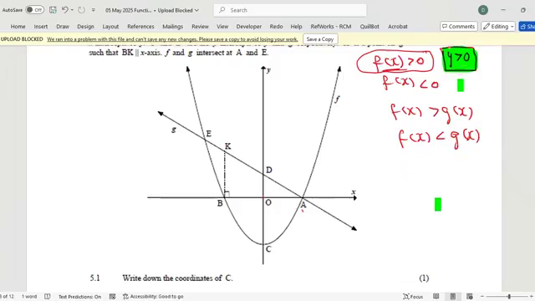Starting from which point up to which point? When we check this graph, starting from this point, going up to that side, Y is positive, because as you go up, Y is positive.